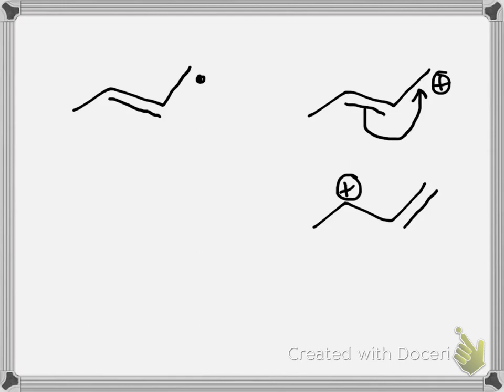For free radicals, it's a little bit different how you draw the arrows, because instead of drawing a normal double-headed arrow, now you're going to use something that's called a fishhook arrow.